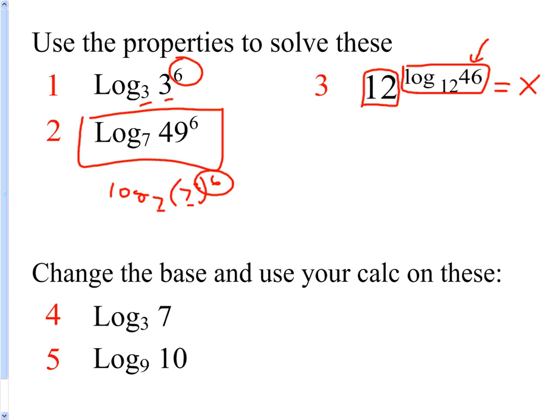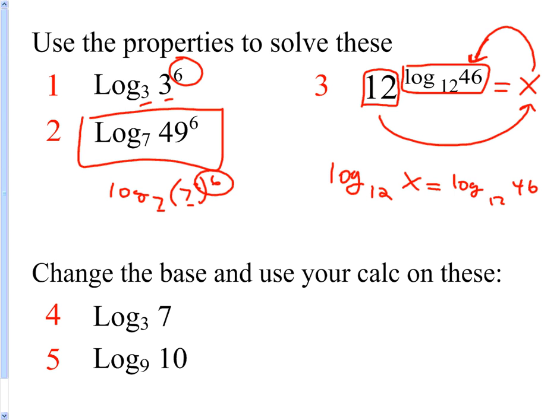So I'd probably write this as log base 12 of, and it always goes over here, x is equal to, and then it always goes over here, log base 12 of 46. Do you see how that proves that x must be 46? You see how that works? Okay. But otherwise, you can just know what the property says and say, oh, if these two are the same, the answer's got to be there.